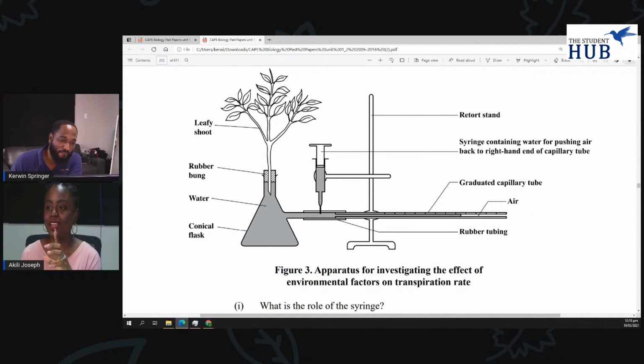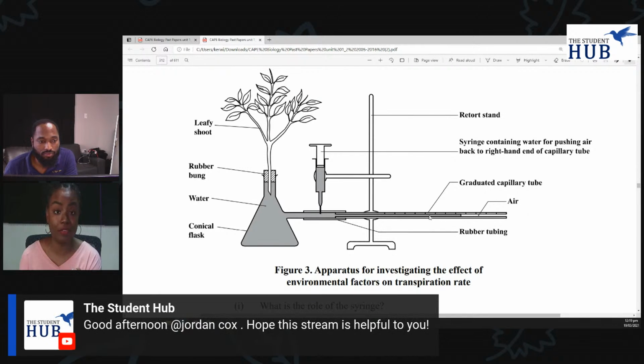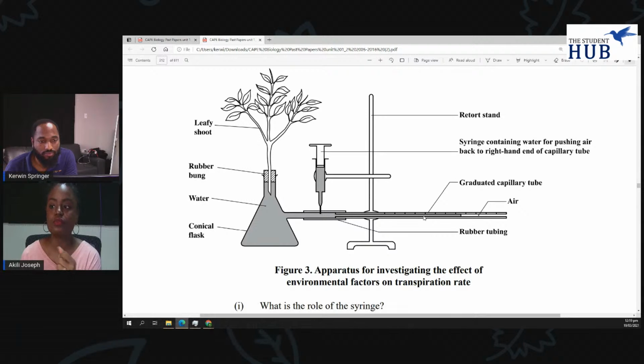So, in order to use this setup to investigate stomatal distribution, you want to set up this exact apparatus twice, right? And if you want to look at the number of stomata, the more stomata you have, the faster transpiration will happen, and the faster this liquid will move down the column this way, right?